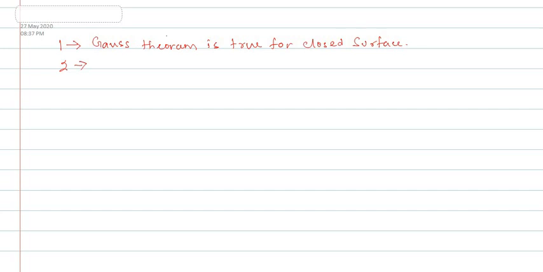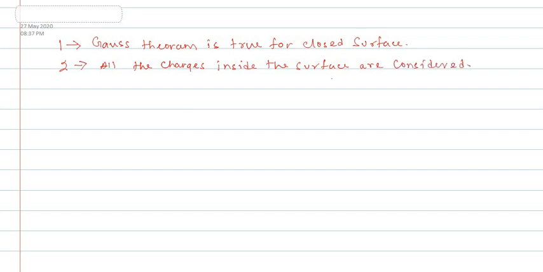All the charges inside, that means if you consider the surface S, then you should consider all the charges enclosed by this surface. So you can write down, all the charges inside the surface are considered.